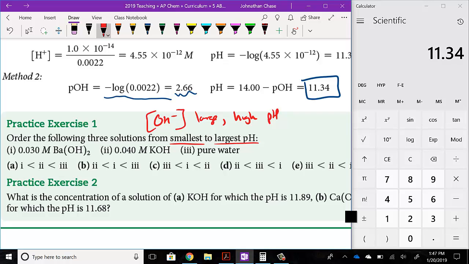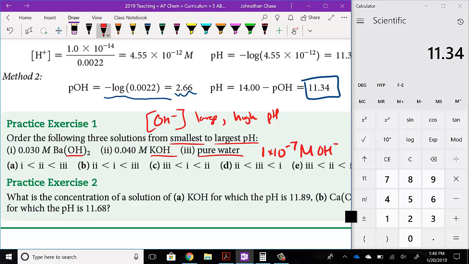As you look at it, we have barium hydroxide, potassium hydroxide, and pure water. So we know right off the bat that pure water is going to have a balance of our hydrogen and hydroxide concentration. That's going to be on the order of 1 times 10 to the negative 7 as our molarity of hydroxide. That's going to be a very, very low concentration, relatively speaking, since the other two are strong bases.